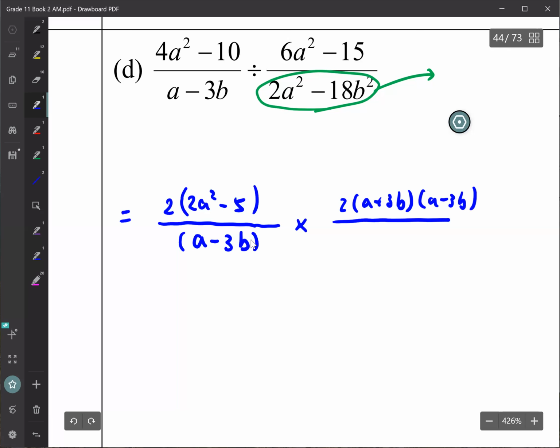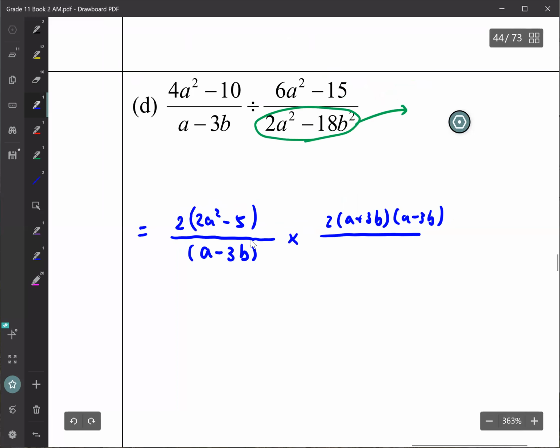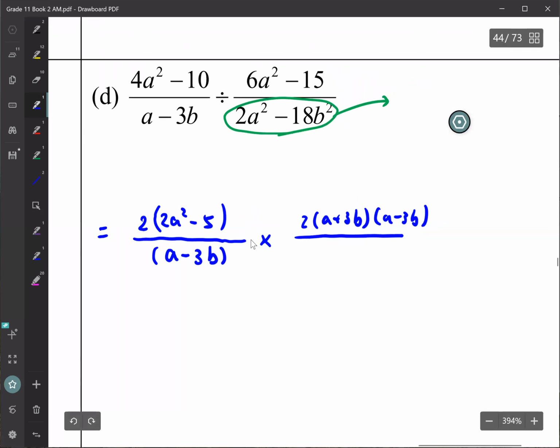Right, so what I'm writing here is what you can do on your homework, right? The way you could show your work. When you are doing the homework, you can copy the question down and then on the side, if you are doing some side work, you take out the a squared minus 9b squared and use difference of square.